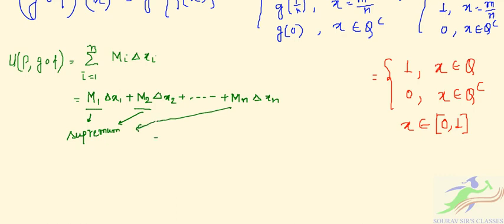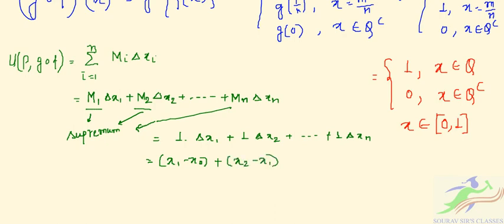So we can write it in this manner: 1 multiplied by Δx1, 1 multiplied by Δx2, up to 1 multiplied by Δxn. We can write Δx1 as x1 minus x0, plus x2 minus x1, up to plus xn minus x(n-1).